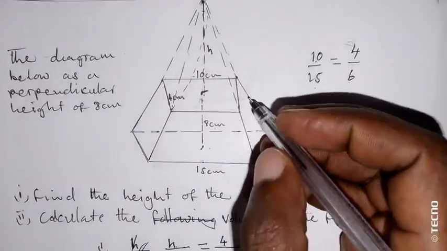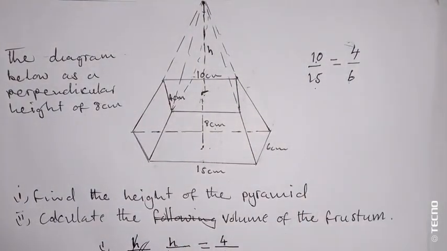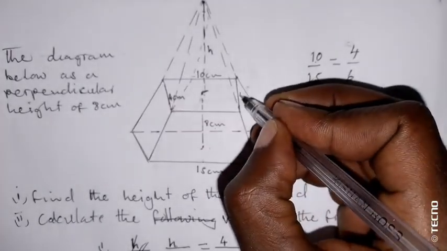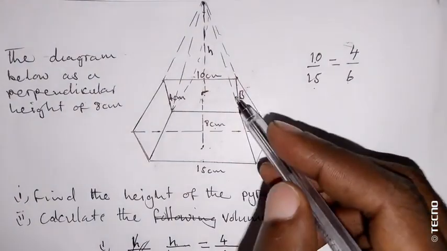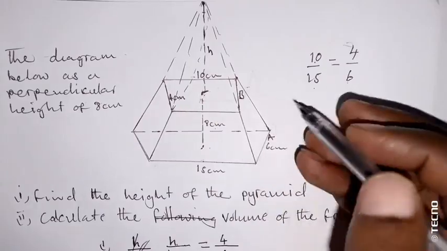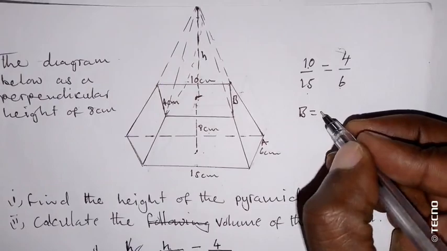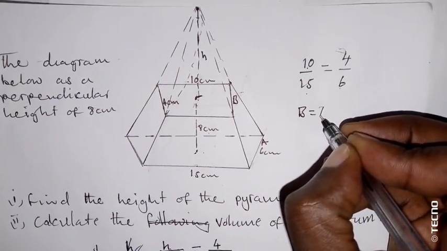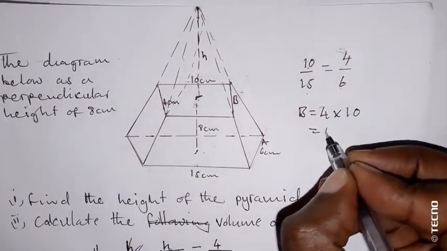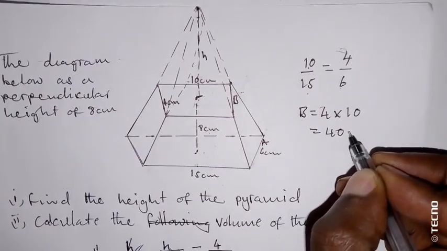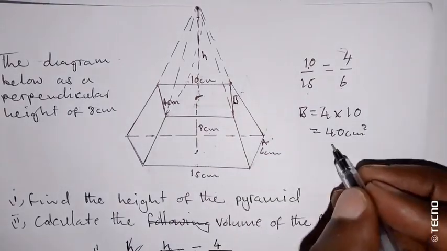So if this top here is going to be our B, and this side here is going to be our A. So to find B, which is area, we have 4 times 10, which will give us 40 centimeters squared. It's area, remember.